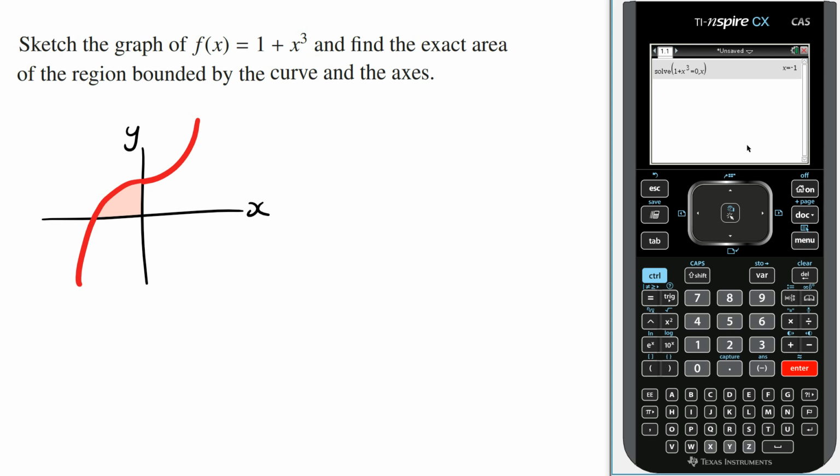The x-intercept is going to be -1. The upper end point is going to be the line x is equal to 0.